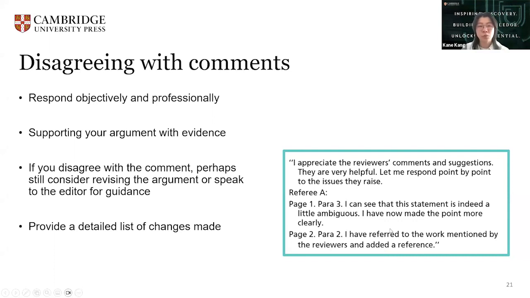So when you're writing this response, try your best to make it clear so that peer reviewers can quickly review everything and quickly give their response. I would say it can help you to save your time.